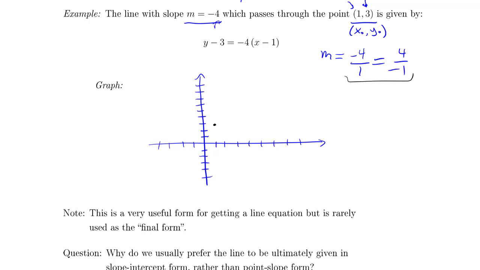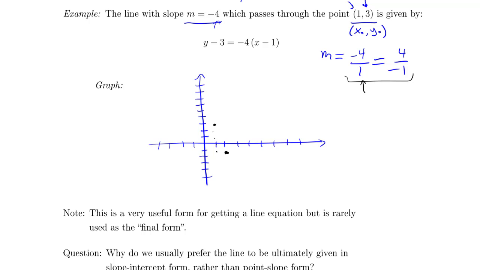So the -4 over 1 says we would go down 4 to the right 1. So down 1, 2, 3, 4 to the right 1, and that will land us here. Those faint dots there are just my path going to the point, and the darker ones are the actual point on the line.